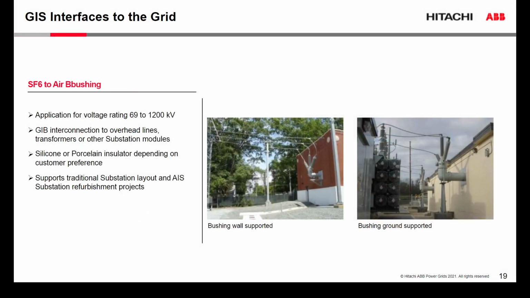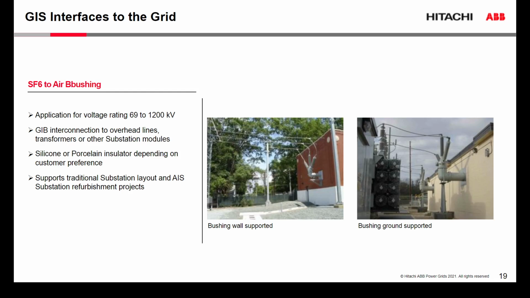Another application is the SF6 to air bushing. That SF6 to air bushing is available in ratings from 69 to 1200 kV in today's world. That is a typical interconnection to overhead lines, other substation modules, for example, interconnecting GIS with existing air insulated parts or transformers.